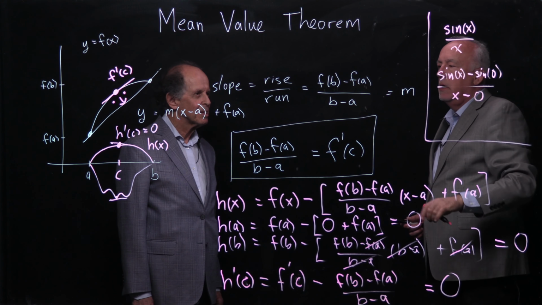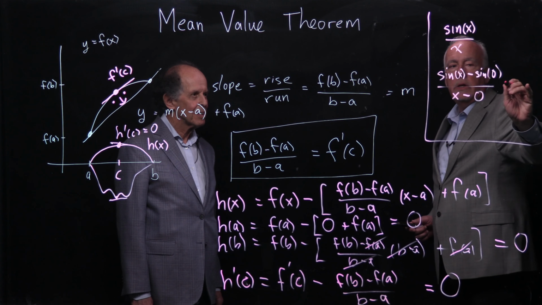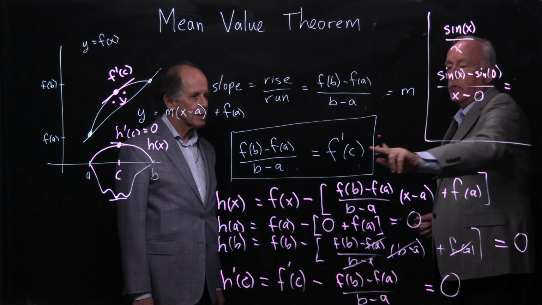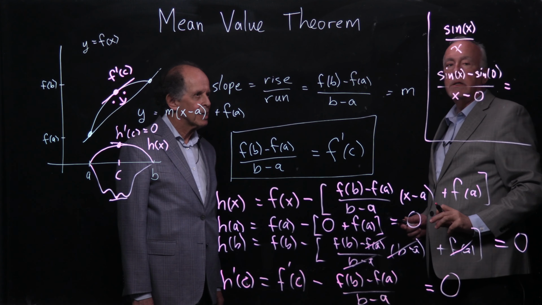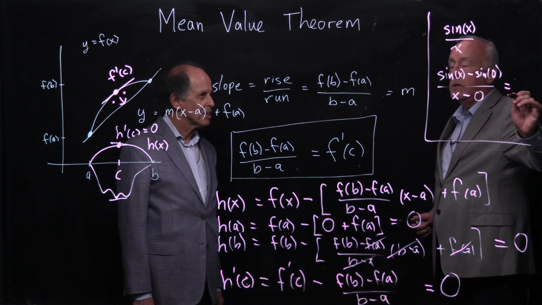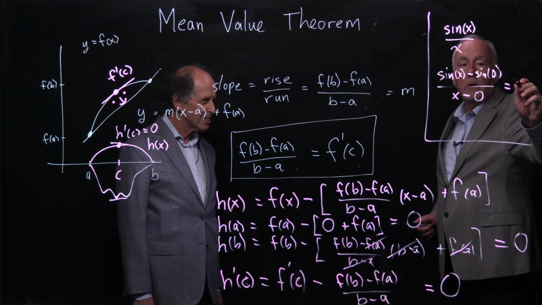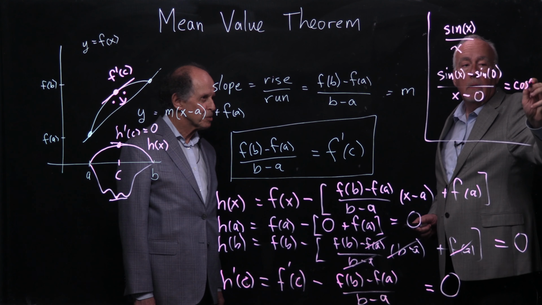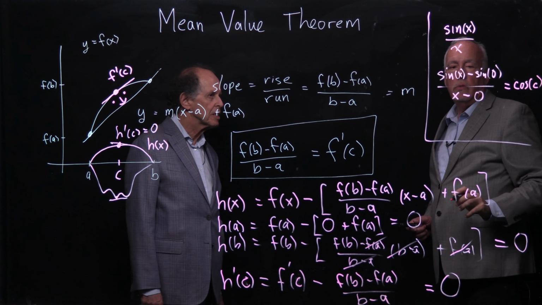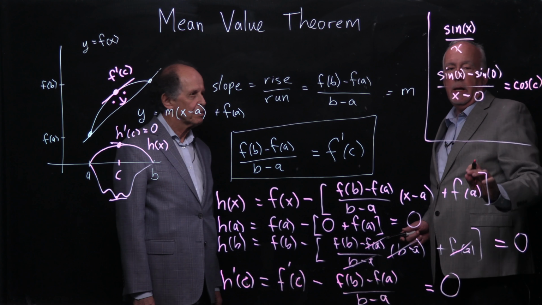And so this is equal to the derivative of sine at some point c. What's the derivative of sine? Cosine of c. So c has to lie between 0 and x.